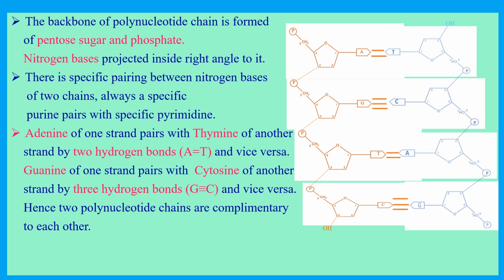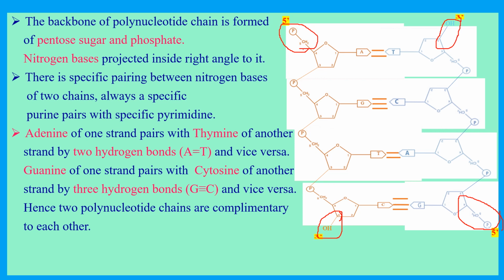Here, the fifth carbon atom has the free phosphate group in the opposite direction. Likewise, the third carbon atom has the free hydroxyl group in the opposite direction.